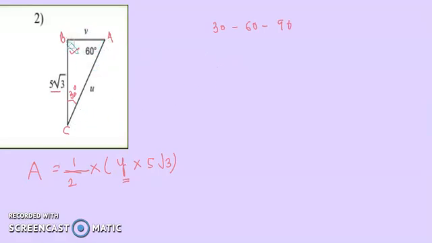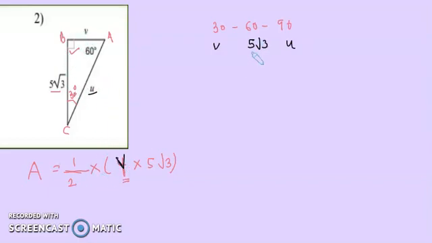Opposite 30 degrees we have a side, sorry, let me write here V, and this is U. So opposite 30 degrees we have side AB or V. Opposite 60 degrees we have 5√3, that is BC, and opposite 90 degrees we have U. In order to find the area we just require V, we don't require U.